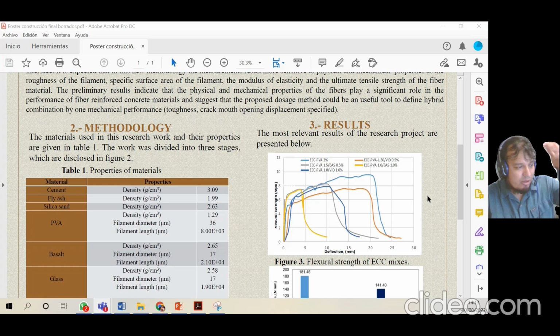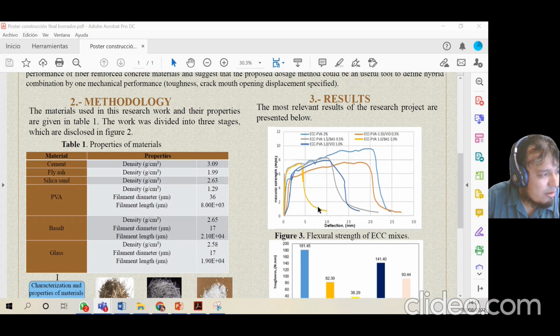But we can observe that for the series containing two types of fiber, in this case polyvinyl alcohol and basalt, fibers at 1% each, the flexural strength only presented a hardening behavior at deflection values lower than 5 millimeters.